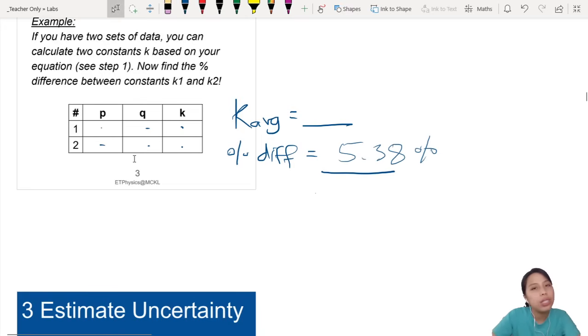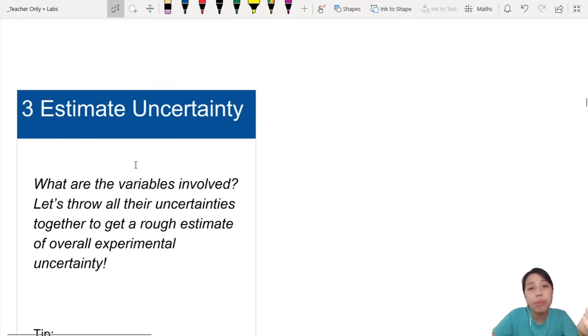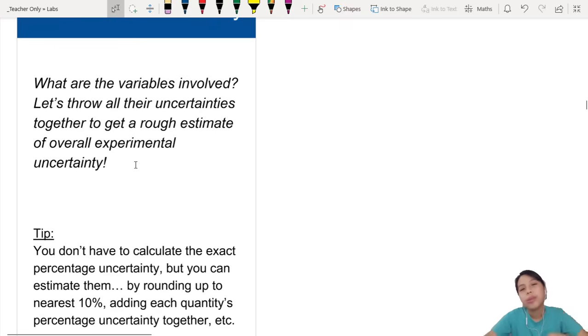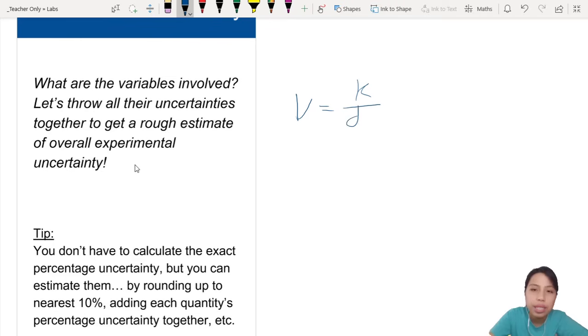Now is when the estimate of uncertainty comes into play. Just now you had a lot of variables involved: you got V, you got D, and here there is uncertainty, here also there is uncertainty. So what's your total experimental uncertainty? You have to estimate.